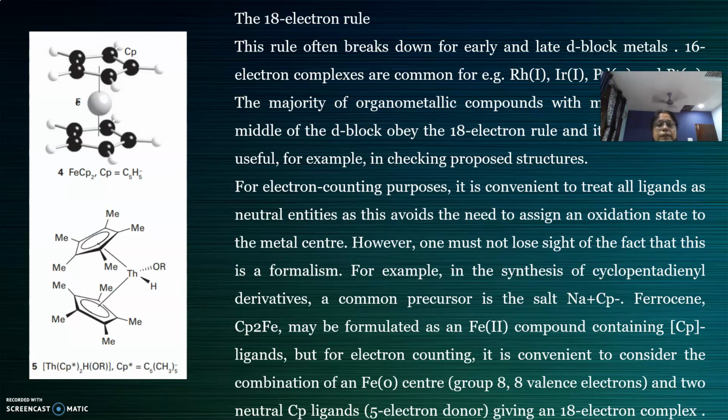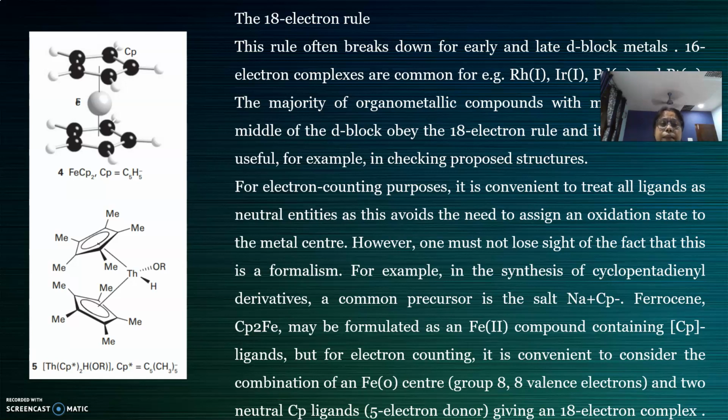Though the 18 electron rule shows us the stability of a particular compound, we must be aware that there are some 16 electron complexes also, formed by the nickel group, nickel, palladium, platinum, or some cobalt group elements like rhodium(I), iridium(I), palladium(0), platinum(0), etc., which prefer to form square planar complexes with 16 electrons.